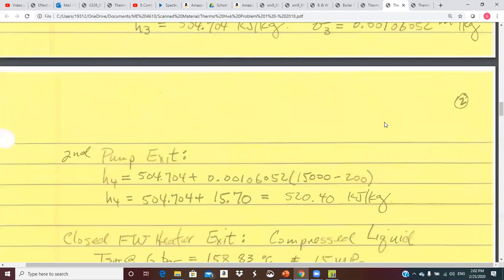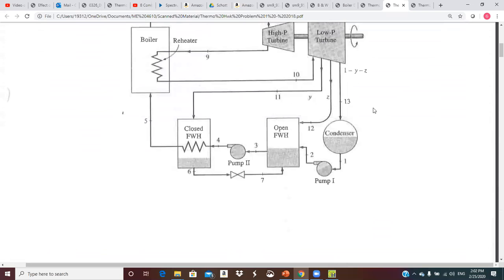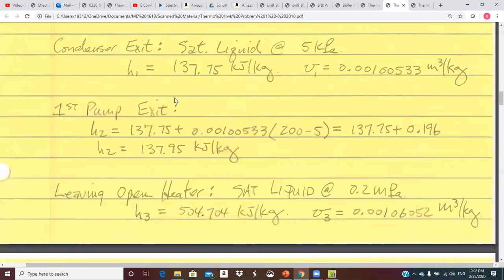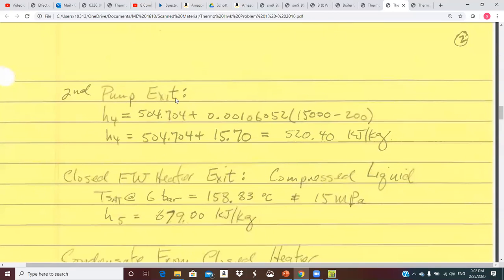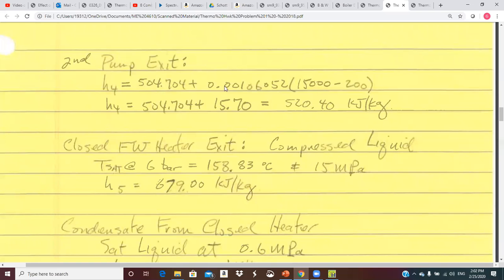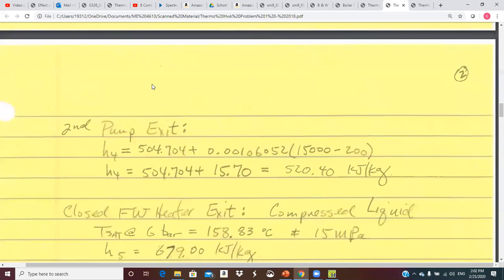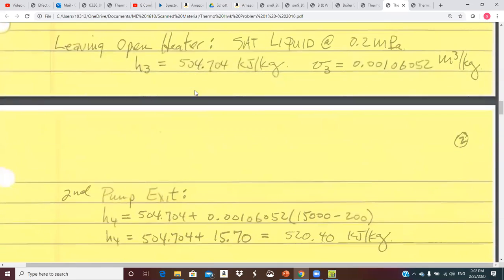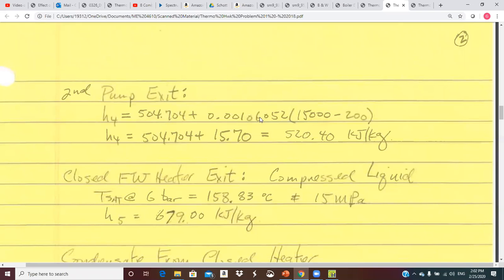And I got the specific volume because that's the inlet to the pump. So we got another pump that has to go all the way to boiler pressure. This pump will be a little more on the work side. It's the same game, the pump trick: the entering enthalpy, which we found right here, and then we add on specific volume times delta P. And again, if you write this in kPa, you don't have to worry about units.